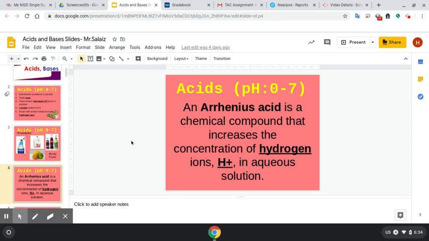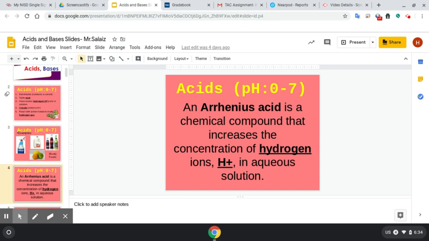So we get to something called an Arrhenius acid. That's a chemical compound that increases the concentration of hydrogen ions in an aqueous solution. Let's say I crushed up some Tums, which is a base, an antacid. If I made a solution out of it, that solution will become very basic, with a pH between 7 and 14.